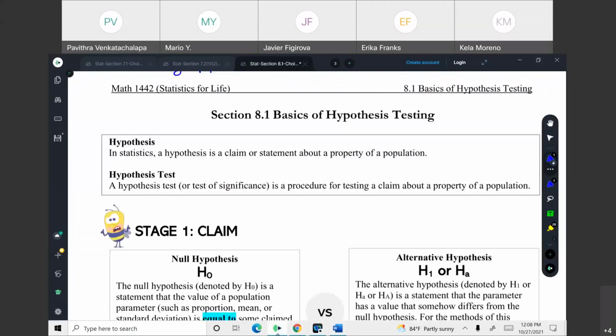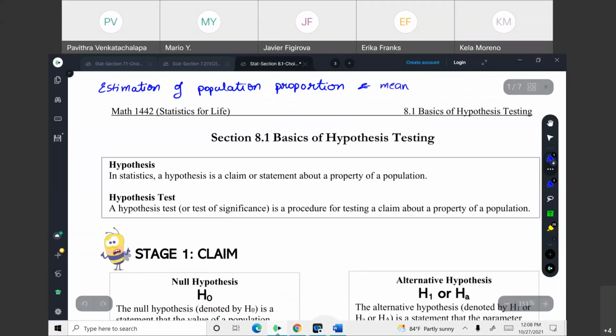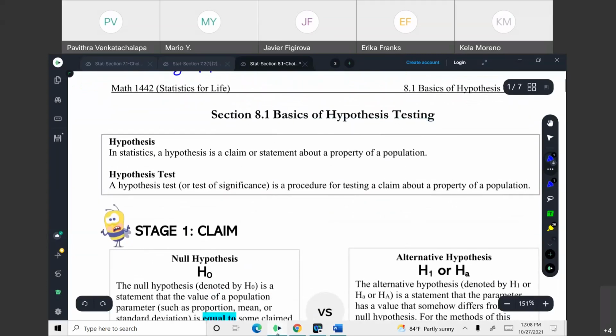So next is chapter 8, basics of hypothesis testing. Now, what is a hypothesis? So in simple words, for example, say that you have experimented a medicine which will cure the headache.